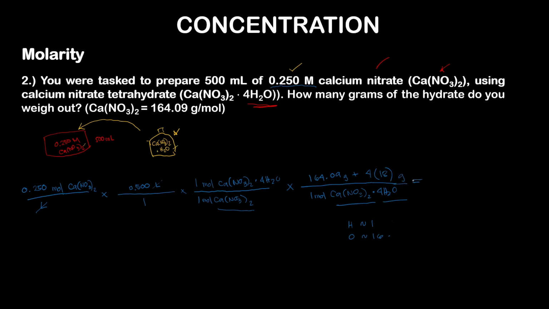So now we get the grams. And now we can solve, because this can be cancelled and cancelled. And we're left with grams of calcium nitrate tetrahydrate. Okay, so 0.250 times 0.5 times 1 over 1 times 164.09 plus 4 times 18.